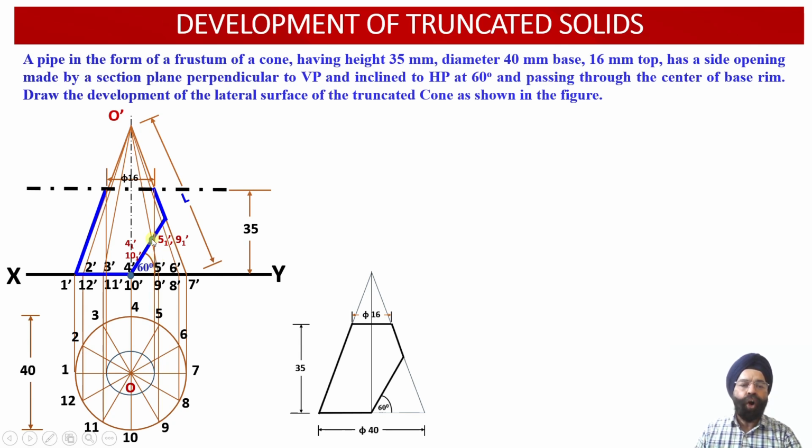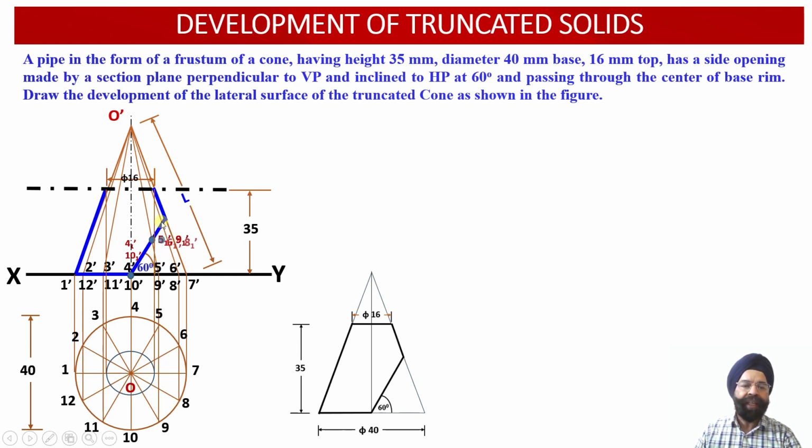Now on the apparent length of the slant generator O5', the point of intersection obtained by intersection of the AIP with the slant generator of the cone will be 5-1'. Similarly, the 9-1' point is obtained by virtue of intersection of the cutting plane with the apparent length of the slant generator O9'.